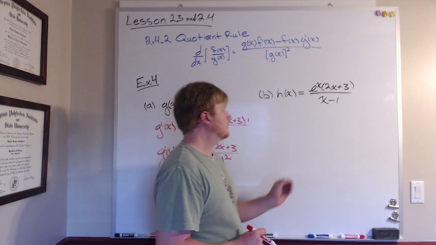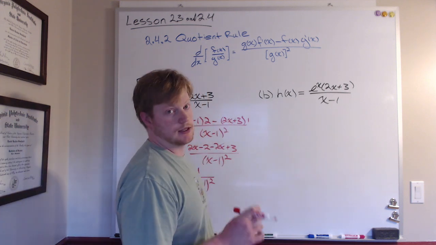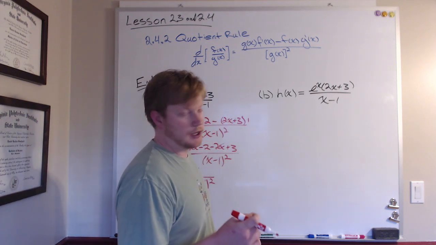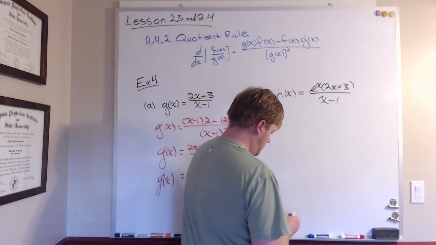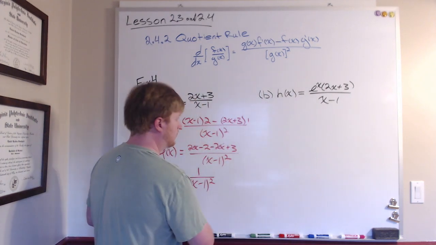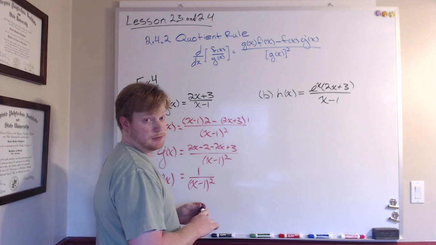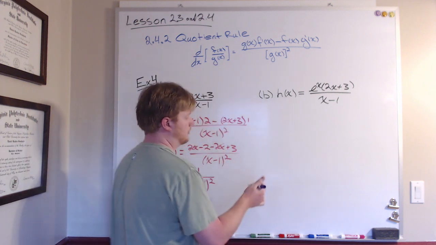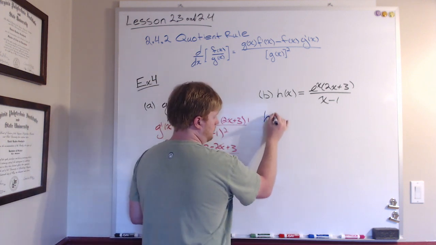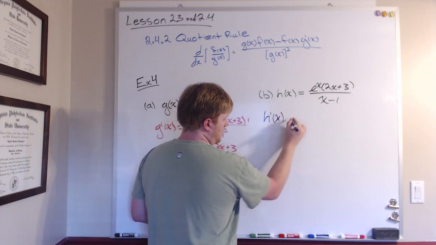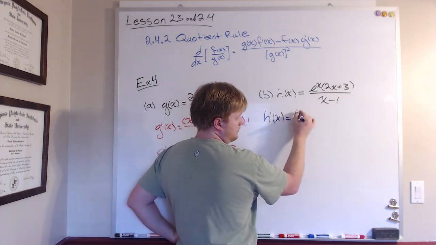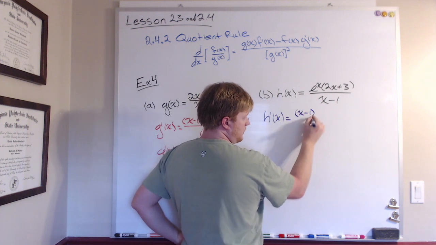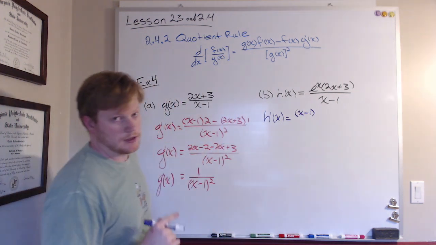B is a little bit more tricky because it has another rule that we have to take into account. So let's just go ahead and start. I'm going to use a different color so that we don't get the two examples confused, because this might run over. So h prime of x is the bottom times the derivative of the top.